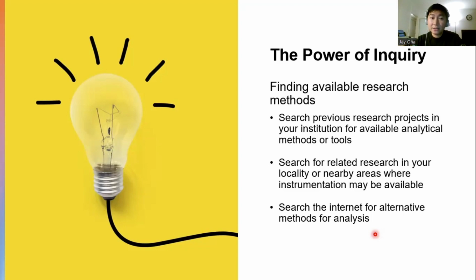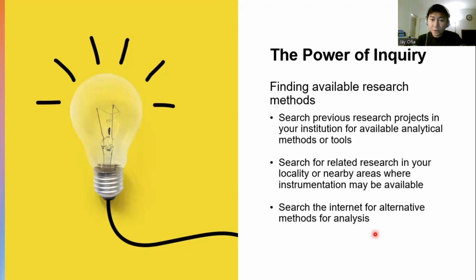So they can give you valuable insights on how to carry out that certain analytical technique or methodology for your own research. So mas matipid po dahil existing na yung research ay yung method na yon, and probably yung mga reagents are still there, or the technician or the personnel still there to help you.